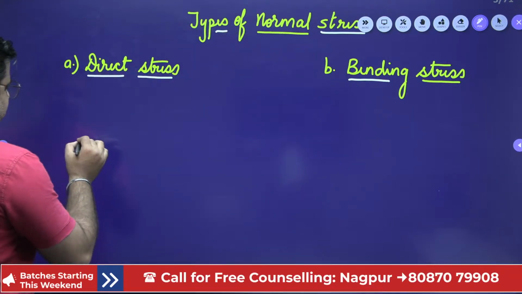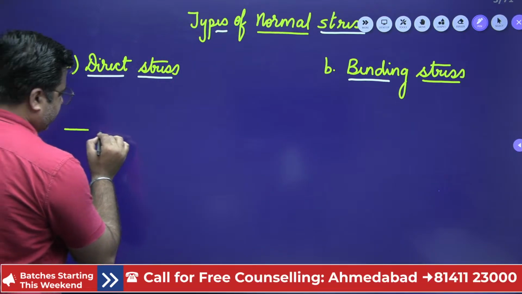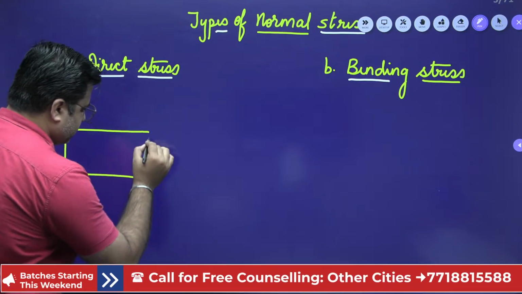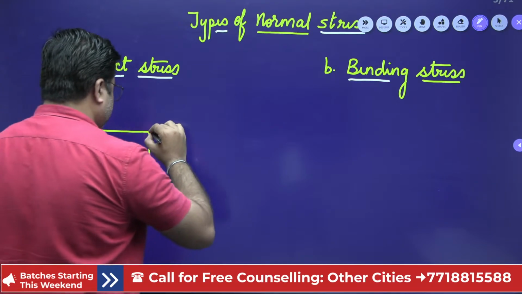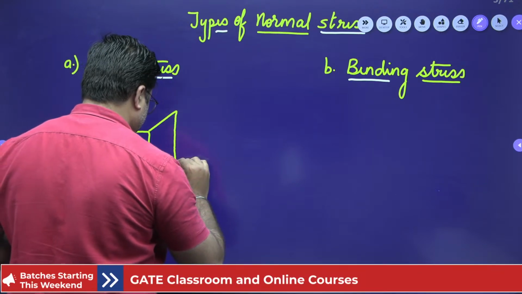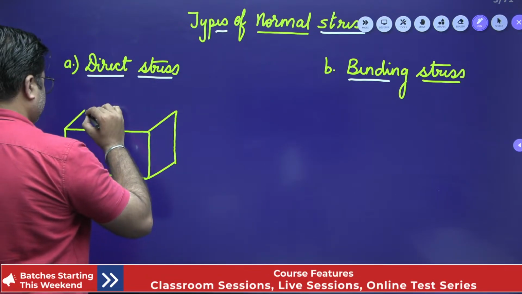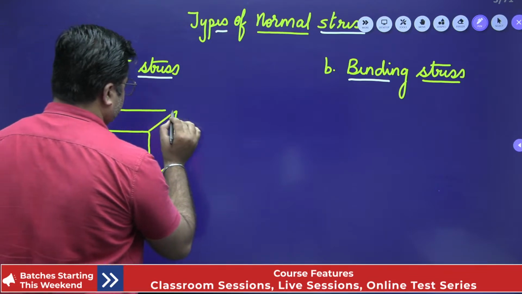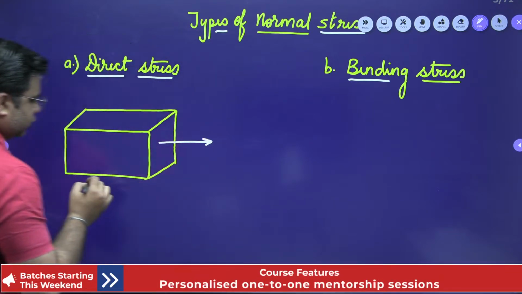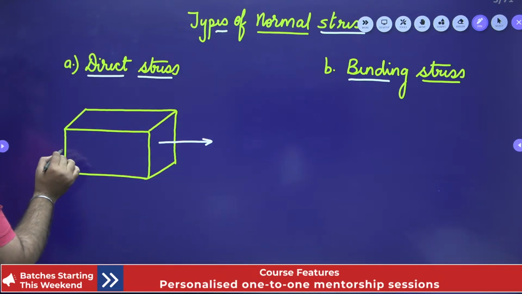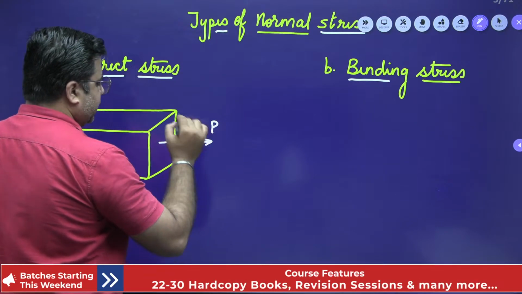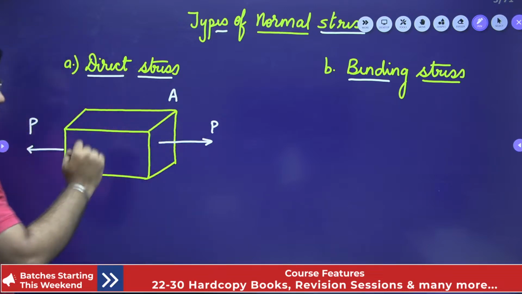Let us visualize this. For example, we have a body again like this. And over this body, you are applying one tensile force like this. This load is P. And this cross-sectional area is A, right?